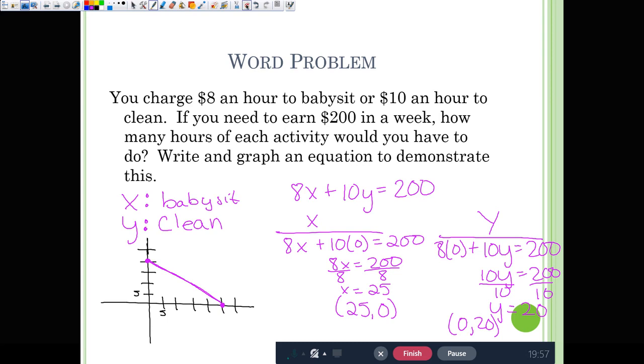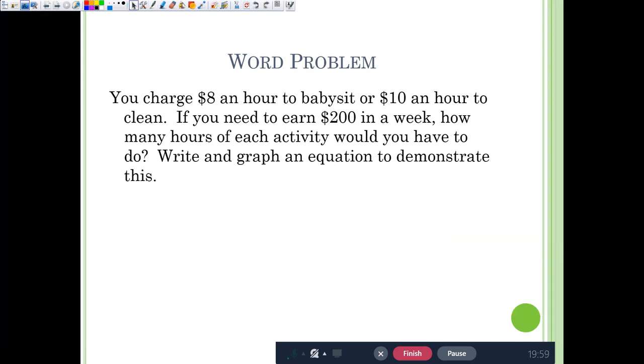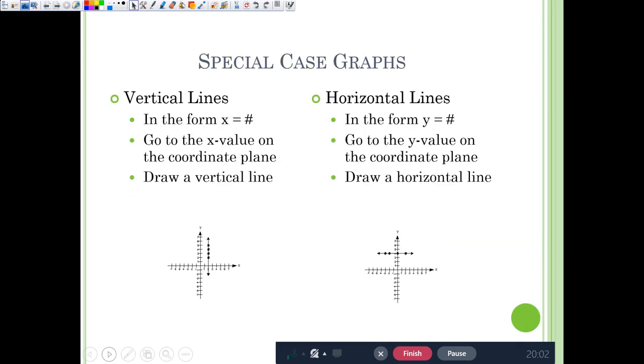Alright, there's going to be some special case graphs. So vertical lines are in the form of x equals a number. You go to the x value on the coordinate plane and draw a vertical line. So anytime that you have x equals and it's just a number, it's going to be a vertical line.